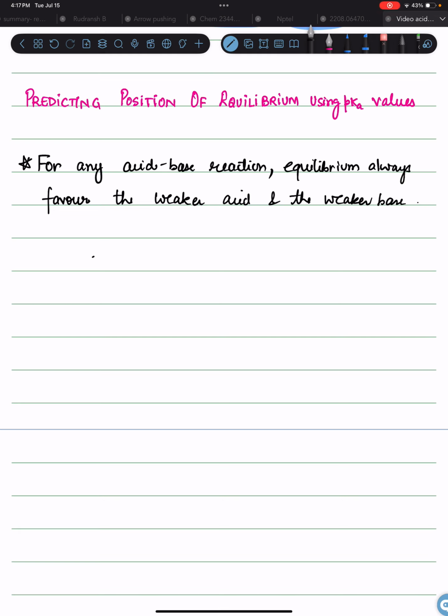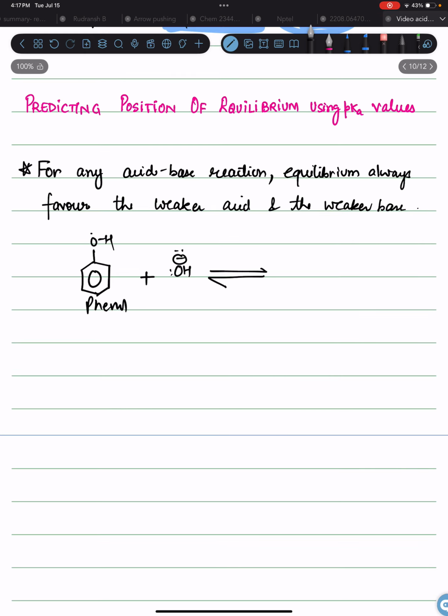So let's take the usual example which we have discussed earlier. If we have a phenol molecule, so this is phenol, and you add a base to that like hydroxide ion, phenol will act as an acid. This base will abstract this proton and push the electrons onto oxygen.